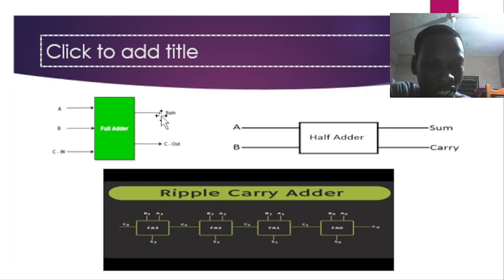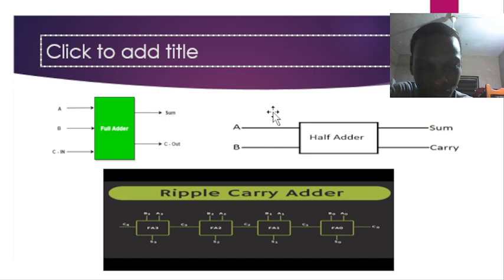And then we have the sum of it, and then the carry output over here. So the full adder accepts three 1 bit inputs, and then gives two outputs, which are the sum and the carry output.